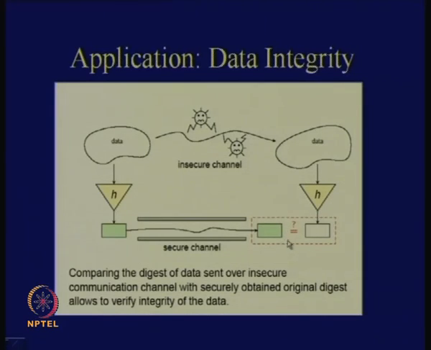This verification can be done based upon the assurance that the h(x) value, or the digest, has been transferred without change. So comparing the digest of data sent over an insecure communication channel with the securely obtained original digest allows us to verify the integrity of the data. Therefore it gives us assurance for the integrity of the data.